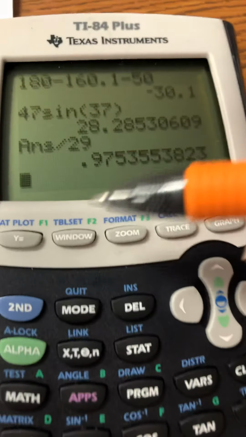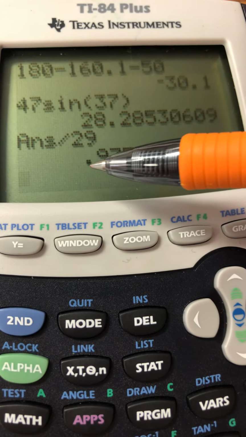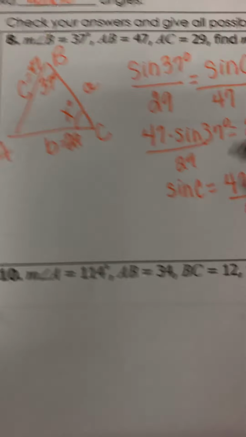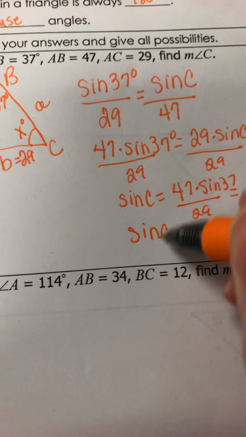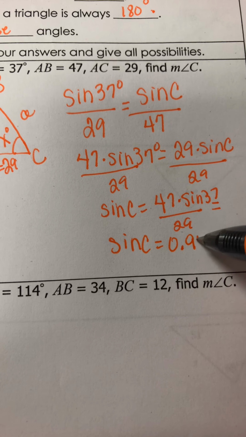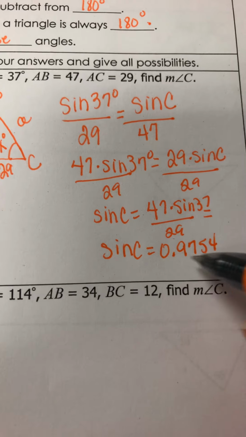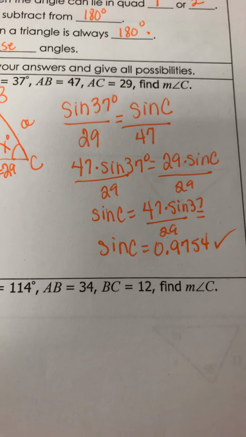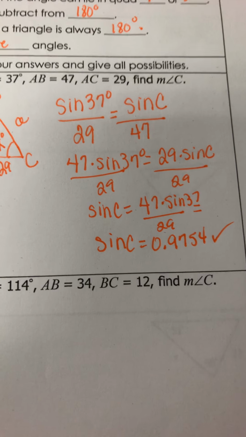Okay, so I'm going to go out 4 decimal places, so 0.9754. So the sine of C is 0.9754. Do you see how that's in between -1 and 1? So that tells me I'm going to make at least one triangle.